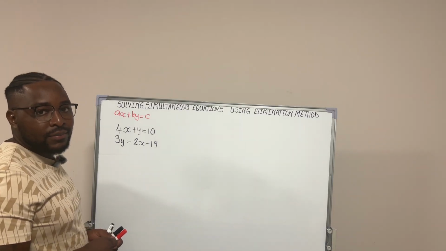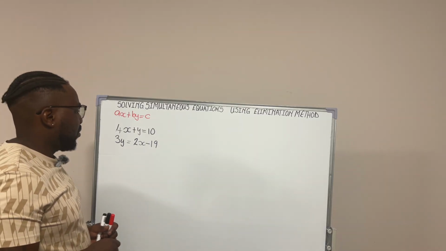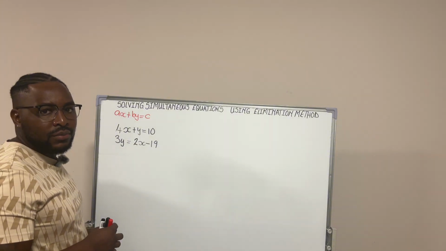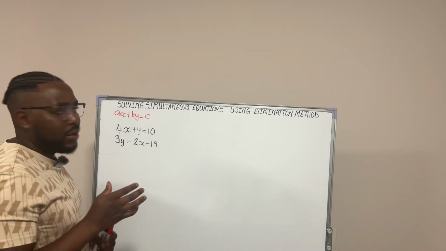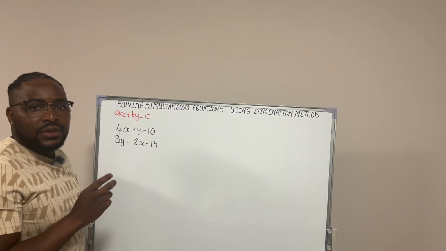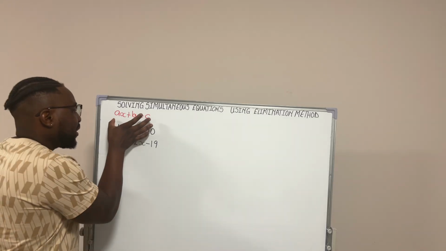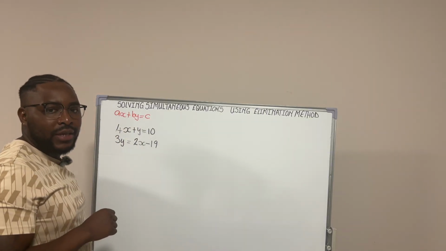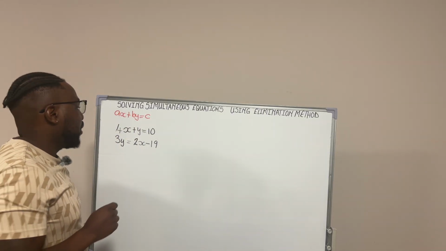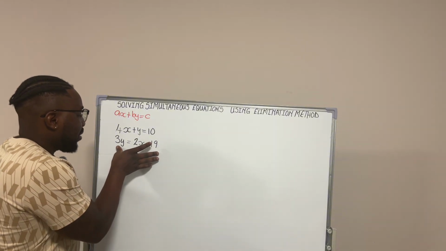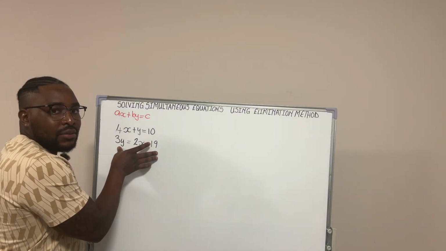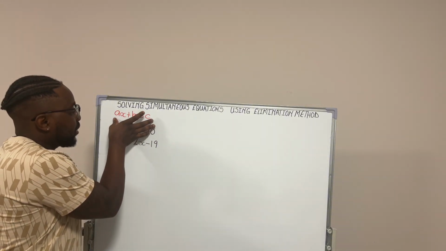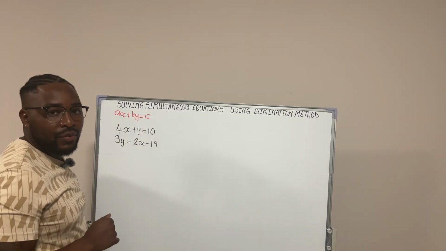Yes? So then, what are we supposed to do? Now remember, both of the equations have to be in this standard form, right? So let us now try to rearrange our second equation so it can be in this form right here.